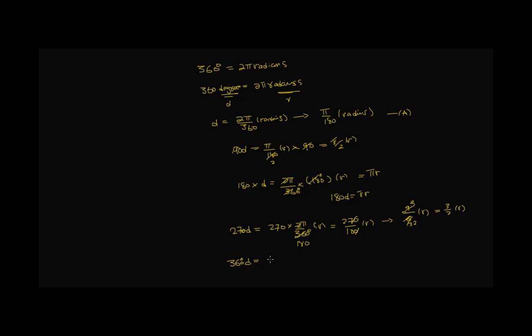It's going to be equal to 360 multiplied by 2 pi over 360 radians. In the numerator and the denominator, both 360s cancel, and we're left with 2 pi radians. So 360 degrees is 2 pi radians, as we must get.